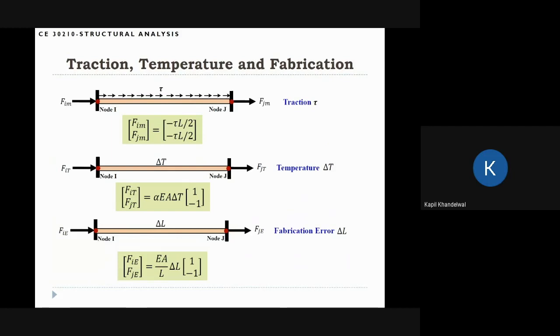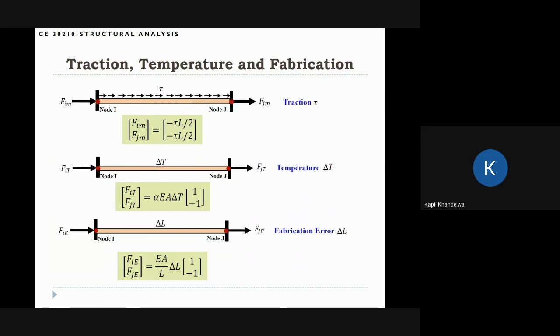And we have also derived this in the class, so you can always go back and check the previous slides for the calculations. But these are the three cases we have considered, and they all contribute to the big P0 vector for the global system.